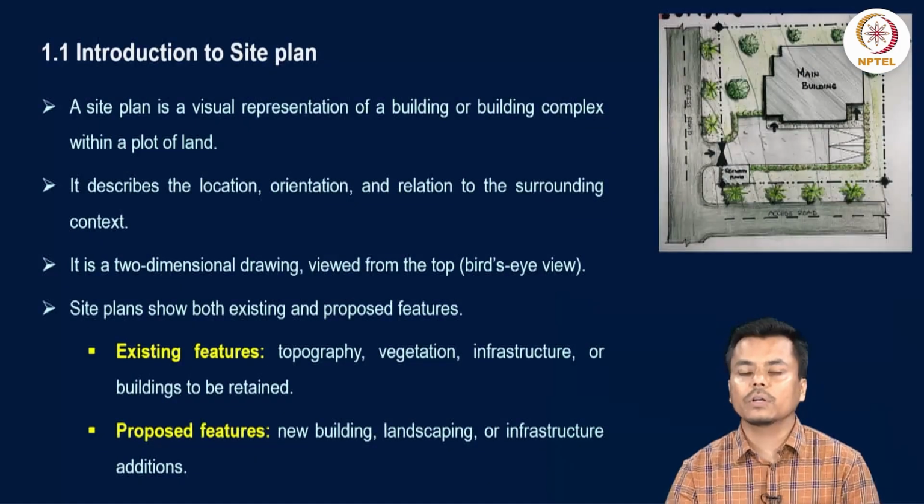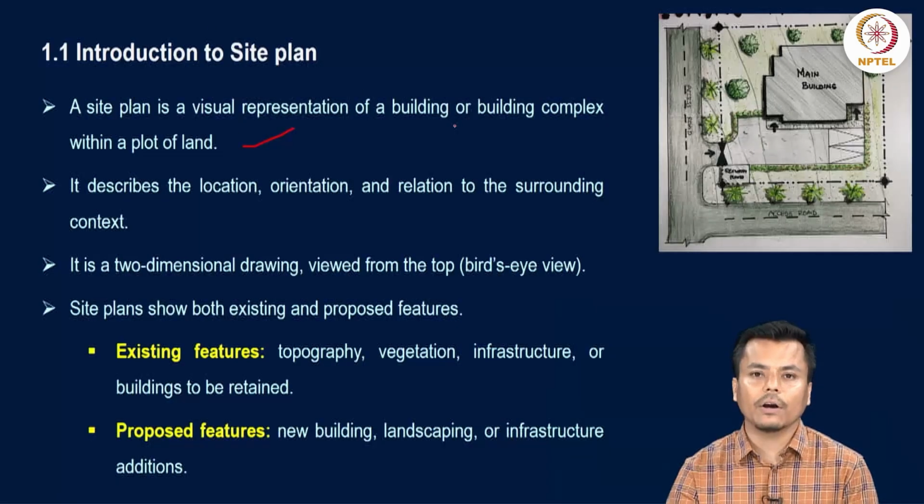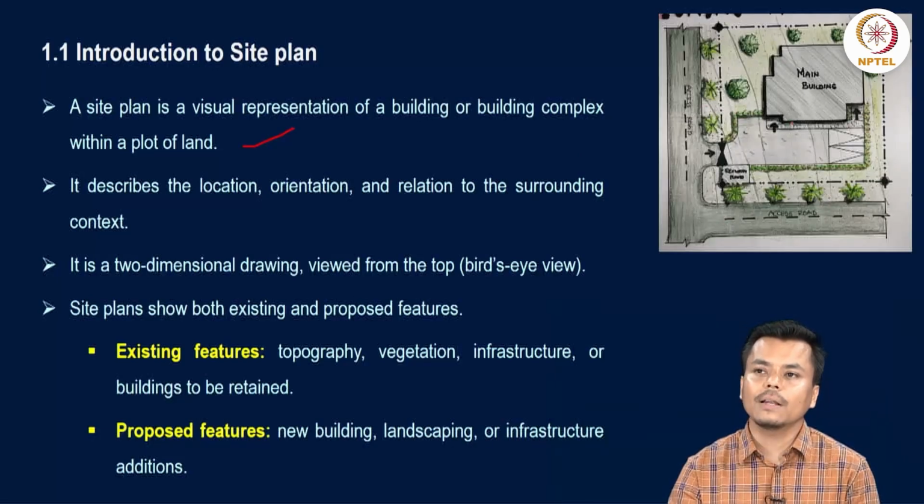So now let us look into the details about site plan, like how is it prepared and what it is meant for, and what are the different details that one can get from the site plan. So site plan is a visual representation of a building or building complexes within a plot of land. So for example, here you can see one site which just represents one main building.